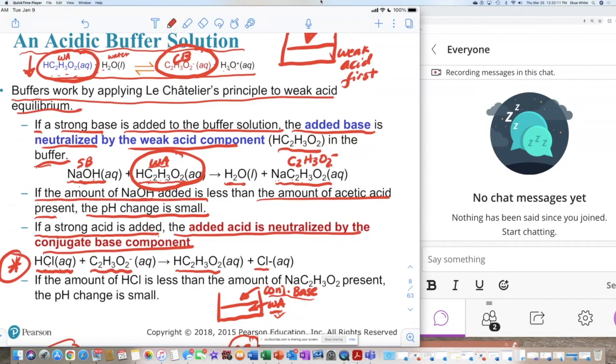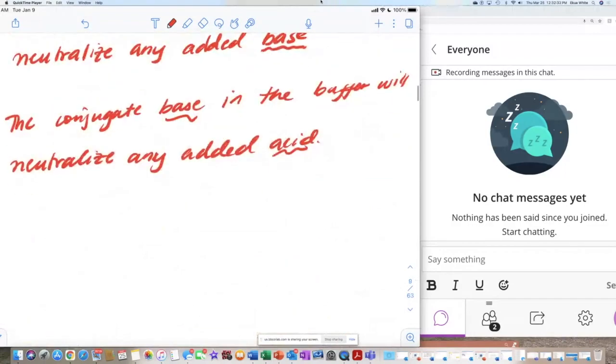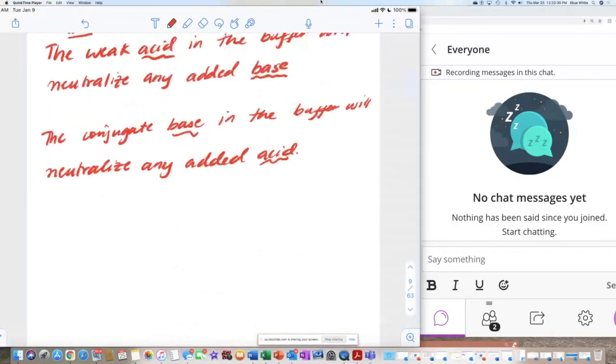So Le Chatelier's principle plays in the process, right? You have two components reacting, either weak acid or conjugate base, depending on what the added chemical is. If the amount of HCl is less than the amount of the conjugate base present, the pH change is small. So what they're trying to communicate here is there is a limit to the buffer working.